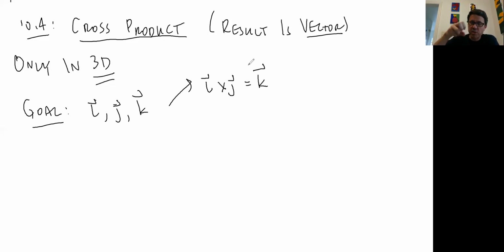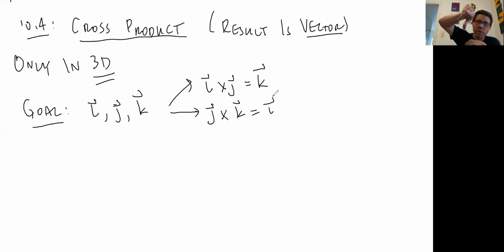Now, if you wanted to reposition your fingers so that you have i, j, and k, in order to get the same sort of right-hand rule, you would want j cross k, and it turns out that that is equal to i. So if you can reposition your fingers where it's one on the y-axis, one on the z-axis, so you have y and z, cross them together, you get i.